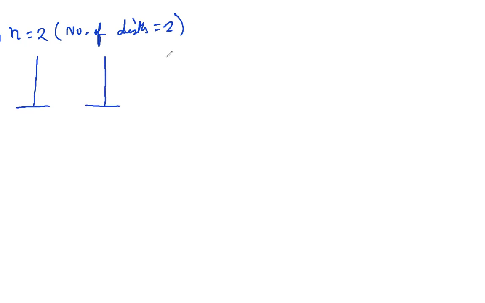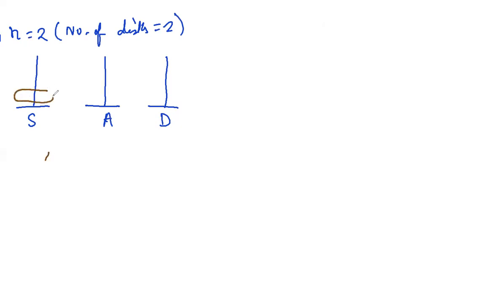Now let us see what happens for n equals 2, that is when the number of disks is equal to 2. So this is my source peg, this is my auxiliary peg, this is my destination peg, and the disks.